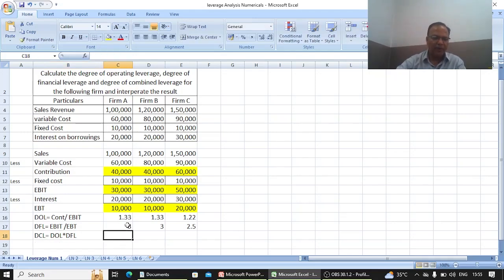Now multiply 1.33 into 3, it will be 4. 1.33 into 3, it will be 4. 1.22 into 2.5. Let's take the help of a calculator.